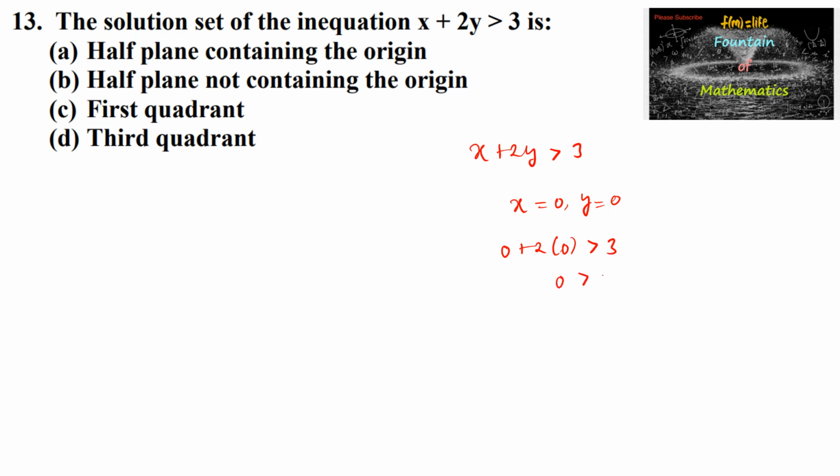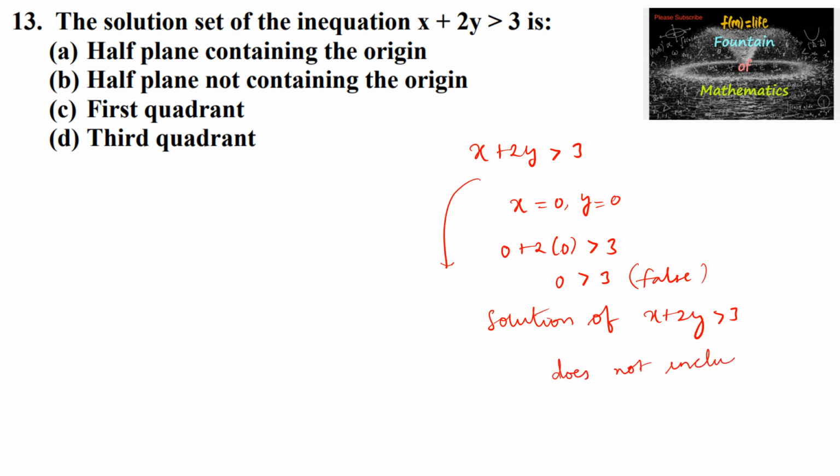That is, 0 is greater than 3 is false, which indicates that the solution of the inequality x plus 2y greater than 3 does not include the origin point, that is 0 comma 0.